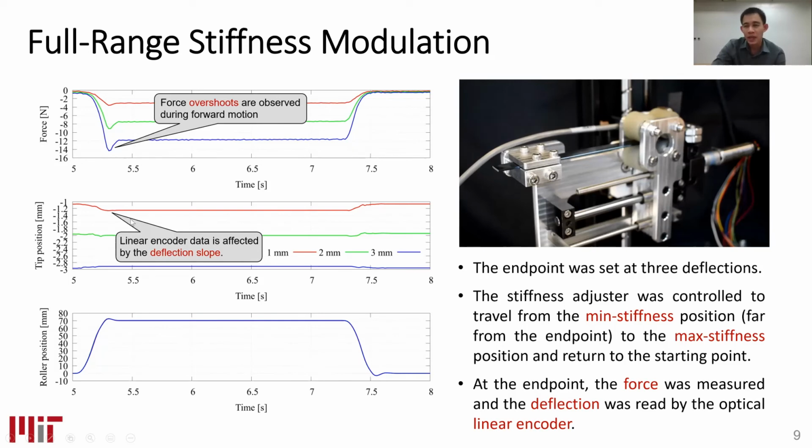And we fix the endpoint deflection, but the data that we read from the linear encoder is not constant because of the effect of the deflection slope in the spring. So this is one concern when we need to estimate the endpoint force with the low-cost optical linear encoder. The coupled effect of the displacement and the deflection slope appears in the encoder data. And here, the stiffness modulation for the full range takes less than 0.25 seconds.